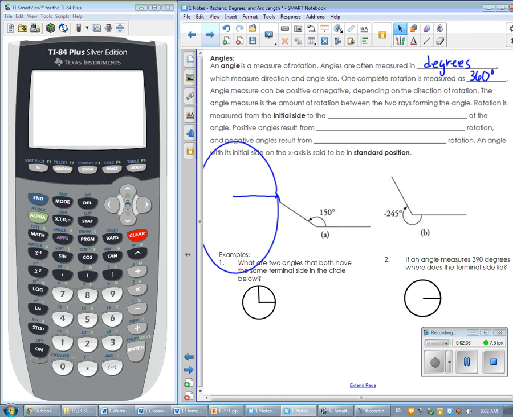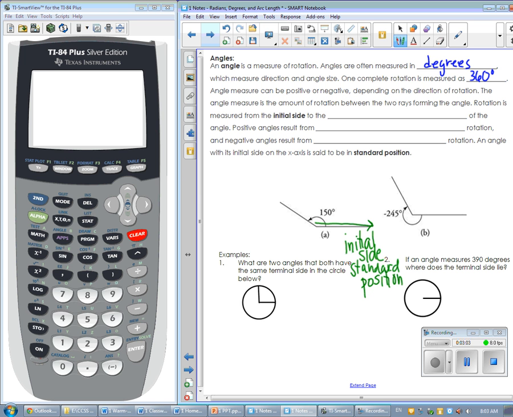Let me go ahead and erase this so I can take a look at these examples. If we take a look at the 2 examples here, this side is what I would call my initial side. When my initial side is on the x-axis, we also say that it's in standard position, and all of the angles we're going to be looking at are going to be in standard position.